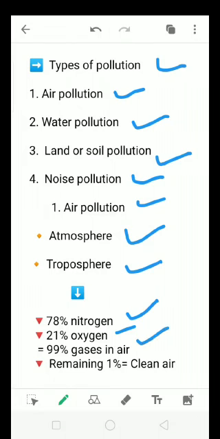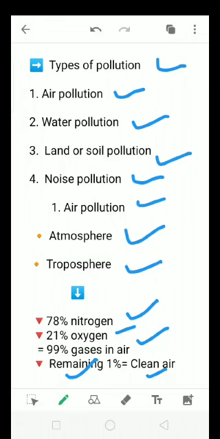The remaining 1% includes small amounts of carbon dioxide and other gases. This air is called clean air.